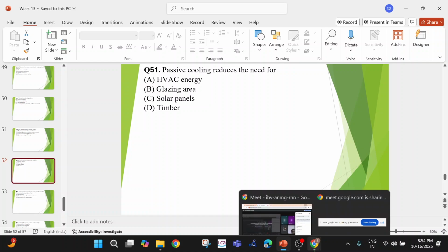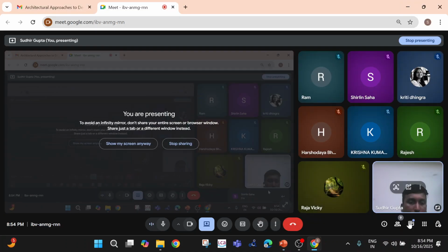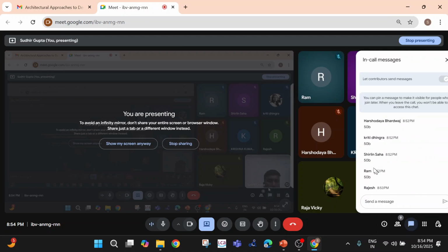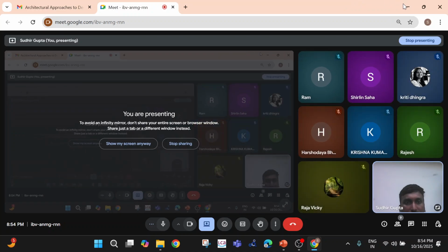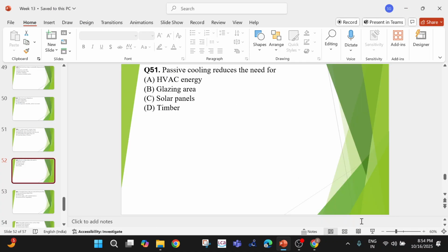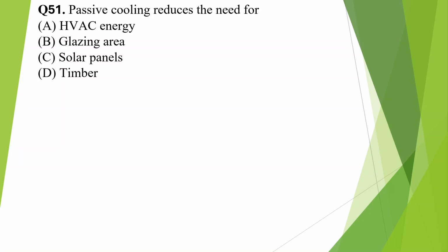This was a very straightforward and basic question. I don't think any one of you will be doing it incorrect. Yeah, all of you have marked it as 51A, and it is the correct answer, guys. This passive cooling will be reducing the need for HVAC energy mainly.